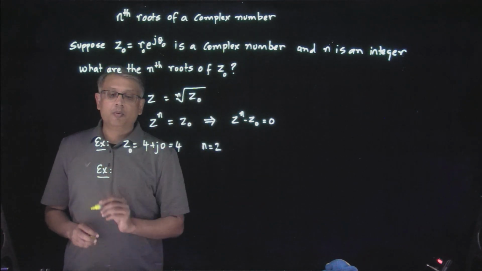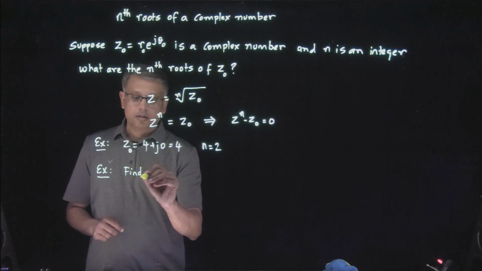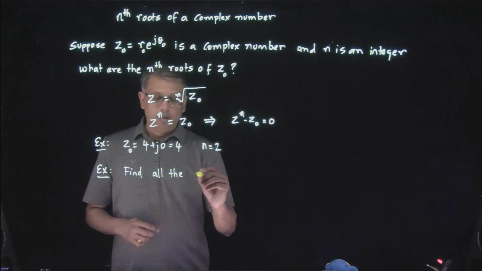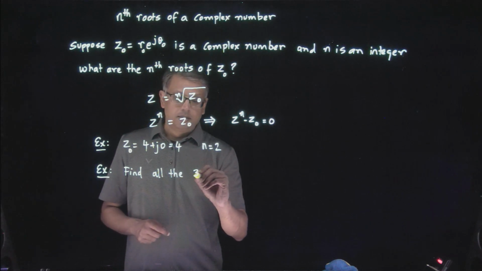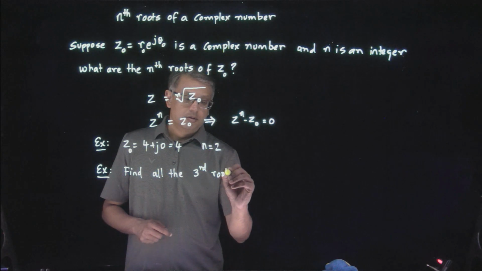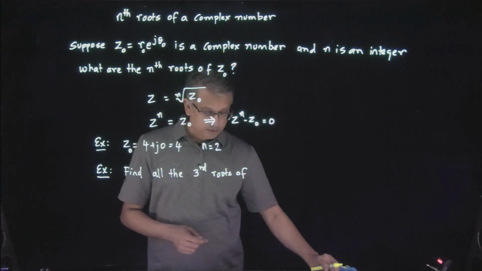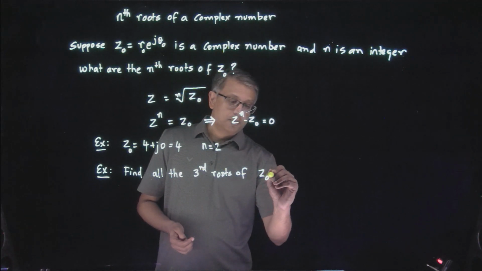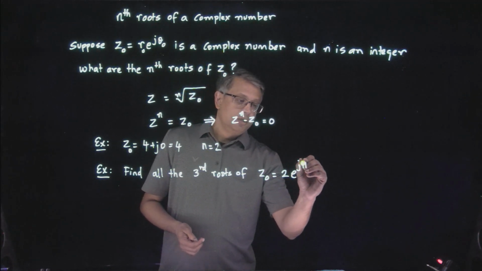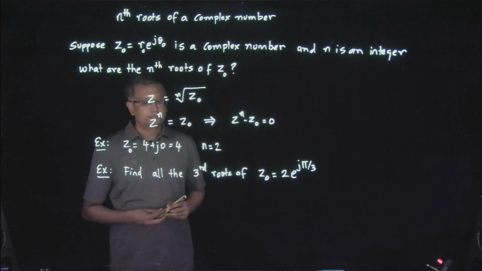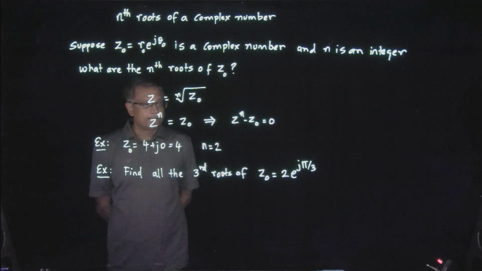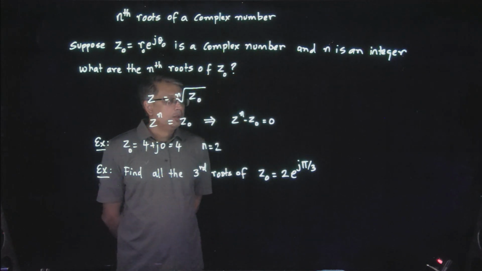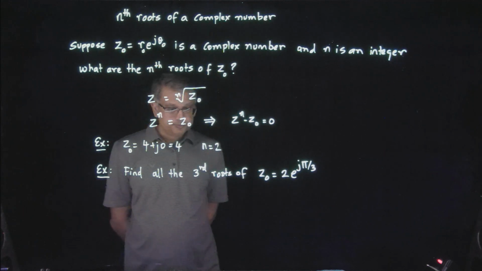Let's say that we want to find all the third roots of the complex number 2 times e to the j pi over 3. So how can we find the cubed roots of the complex number 2 times e to the j pi over 3?